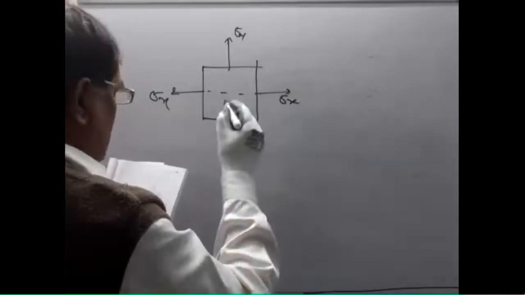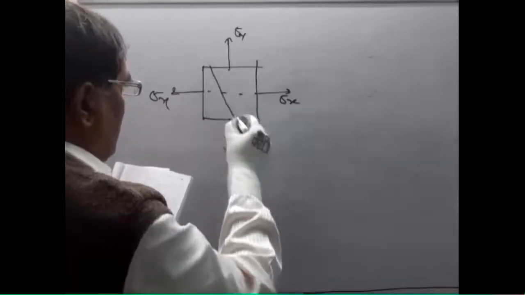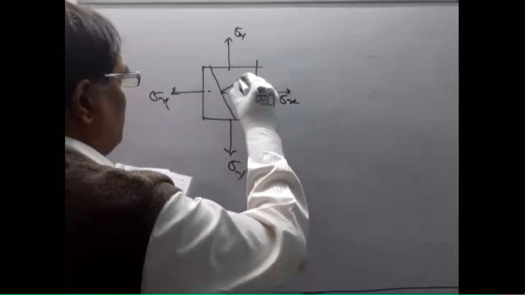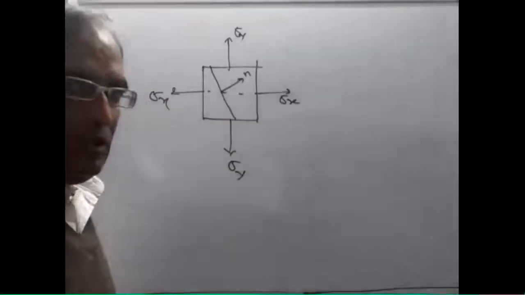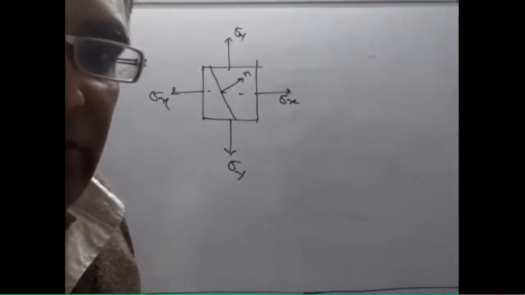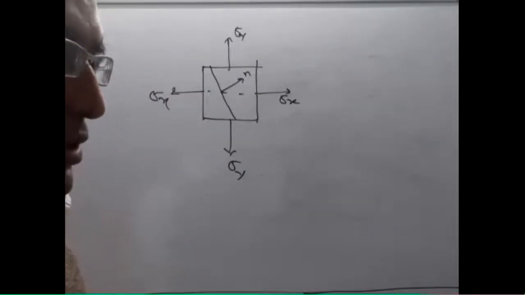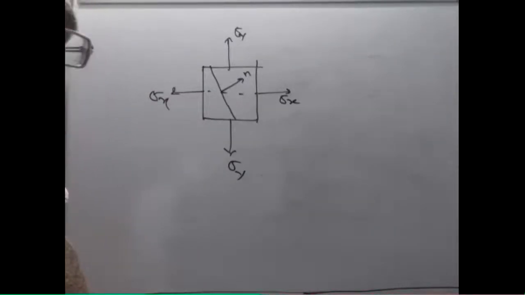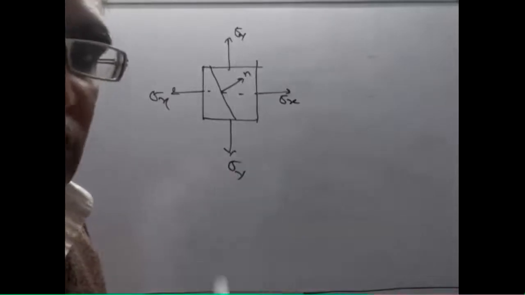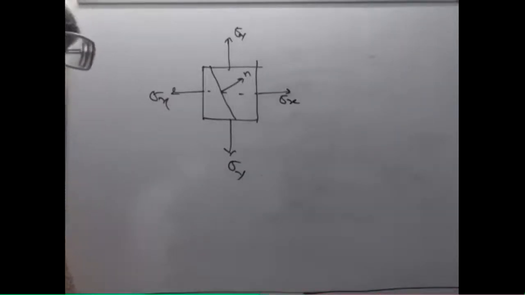There is one plane, so obviously this is the x-axis. The normal of this plane is n. You know that a plane is recognized by its normal. So you should know the direction cosines of the normal. Then you can use that plane in the Cauchy stress equation.